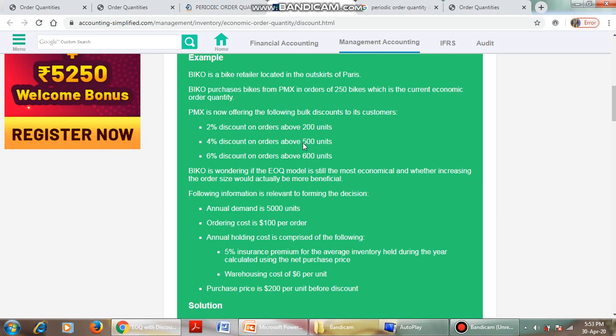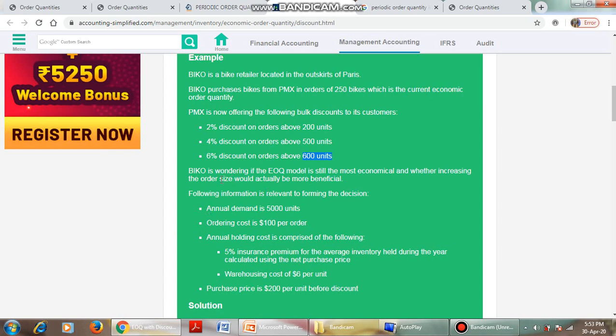If he buys 500 units, he will get 4% discount, and he will get 6% discount on orders above 600. If he orders above 600 bikes, then he will get 6% discount. Now, BICO is wondering if the EOQ model is still most economic and whether increasing the order size would actually be more beneficial. So he wants to know which order is more beneficial.